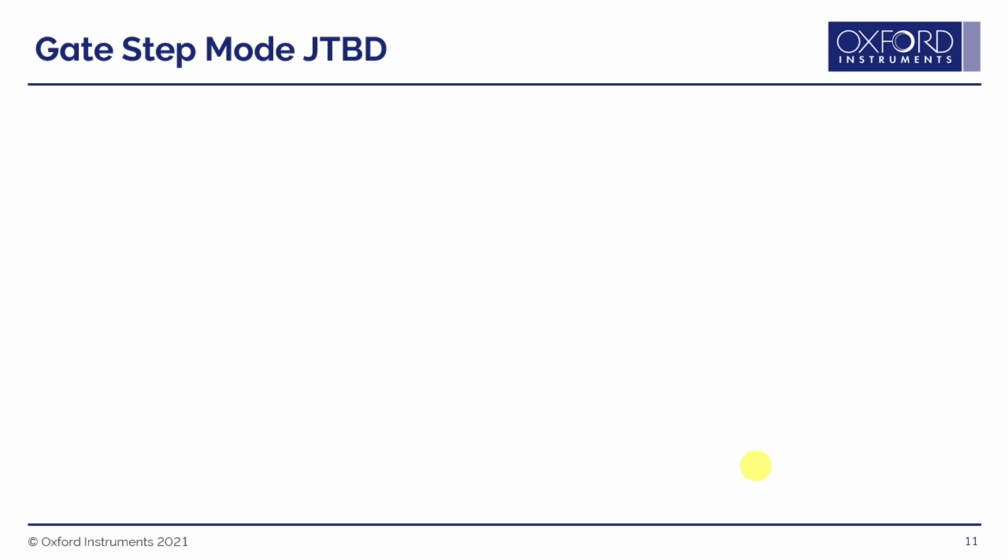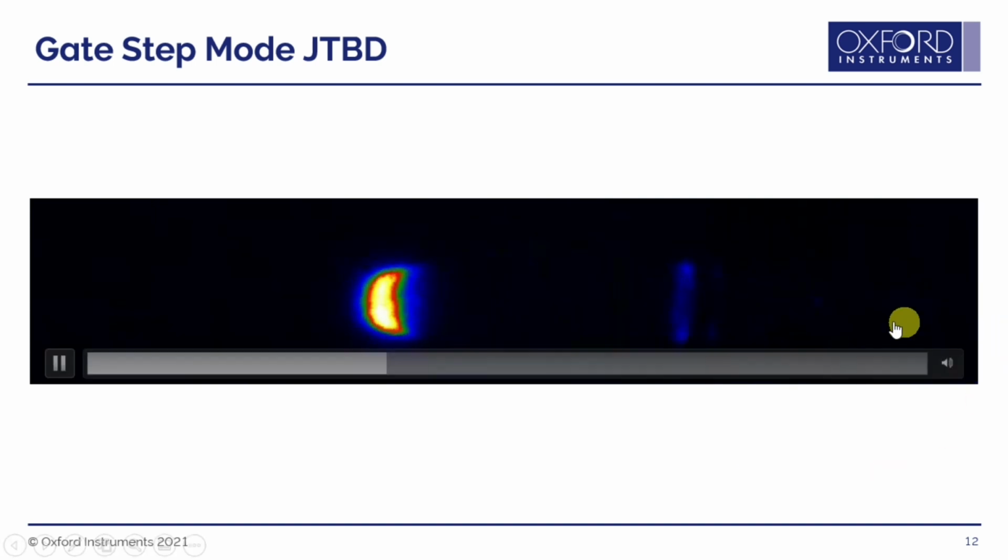Gate step mode is a great tool for capturing a sequence of events in time. So for instance, if you're looking at a plasma plume, you can set your camera to take 100 frames, and on each frame it's going to gate at a slightly later time, and then you can build up a picture such as this, for instance, to capture that change in time.